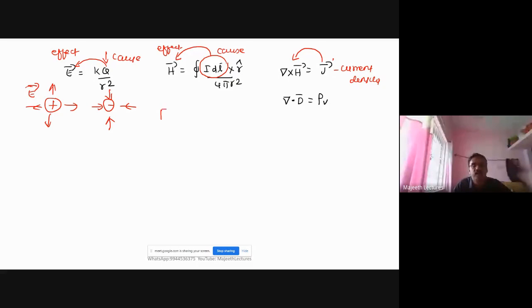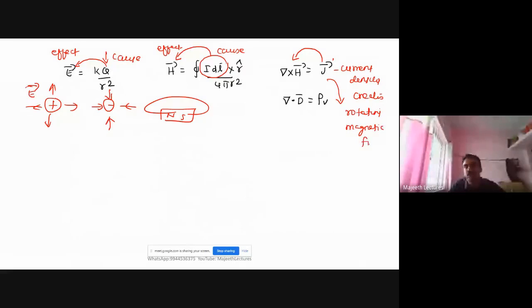But the magnetic field, just now I drew, it rotates. So what is the meaning? This equation says current density creates del cross H, which is nothing but a rotating magnetic field. Magnetic field will always rotate. That's what we have studied from our school days. This equation is nothing but Ampere's circuit law.